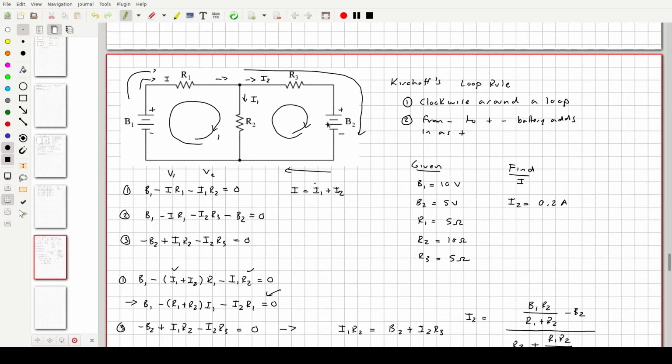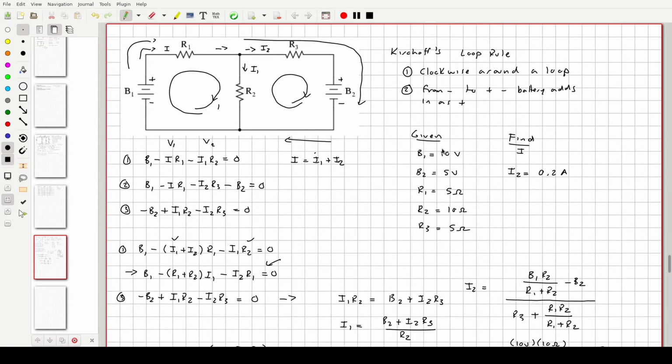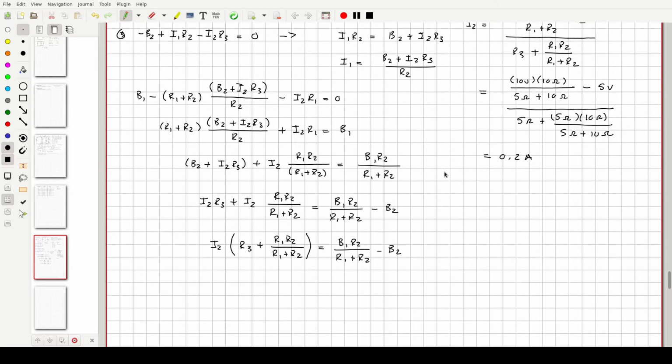It could very easily be that in your analysis, one battery like B2 could be configured such that I2 flows the other way. And if that were the case, even though you're going clockwise around the loop and you're putting it as a positive, when you solve for it, it ends up being a negative. And that's entirely okay. That just tells you about the direction, based off the assumptions and the rules that we're following here. So just be aware of that.